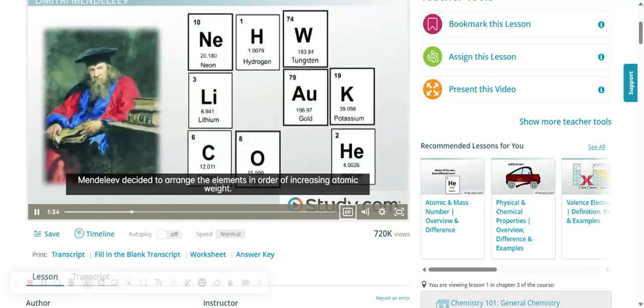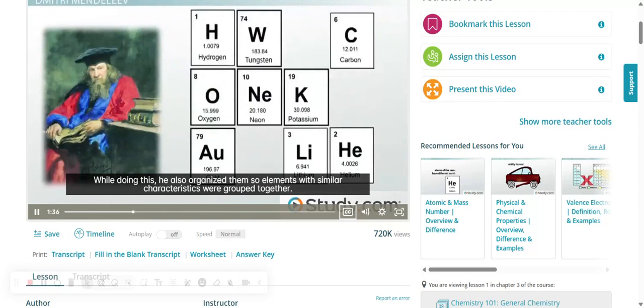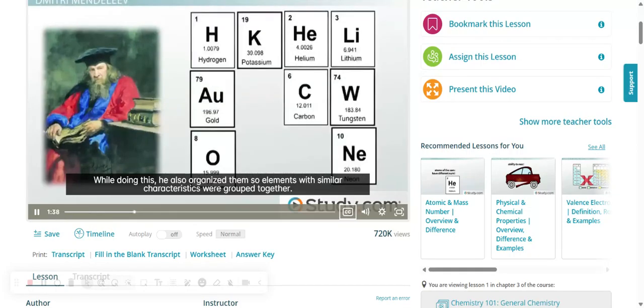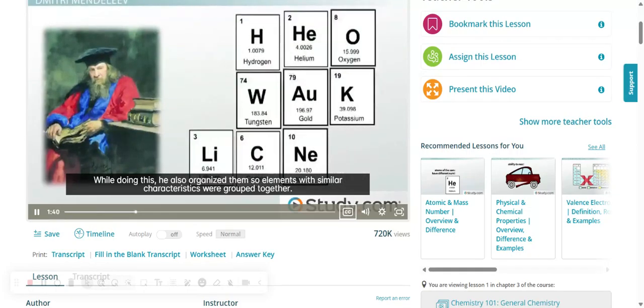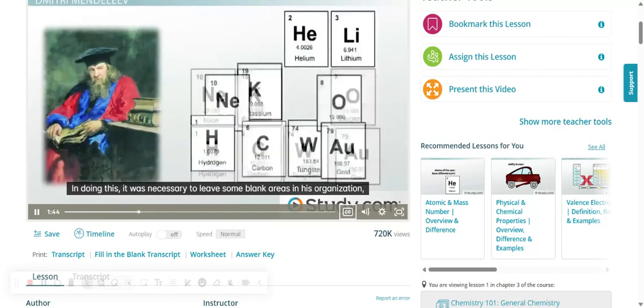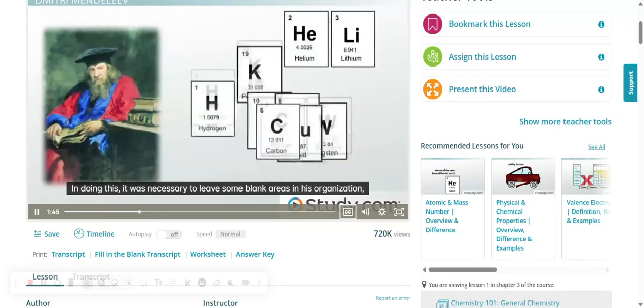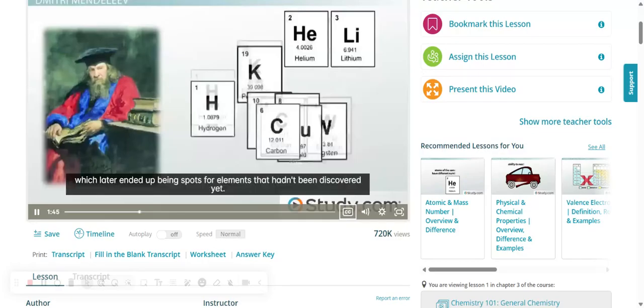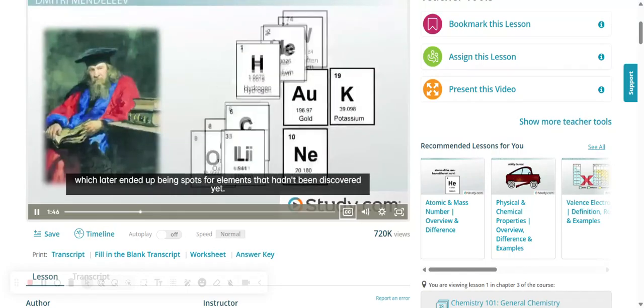While doing this, he also organized them so that elements with similar characteristics grouped together. In doing this, it was necessary to leave some blank areas in his organization, which later ended up being the spots for elements that had not been discovered yet.